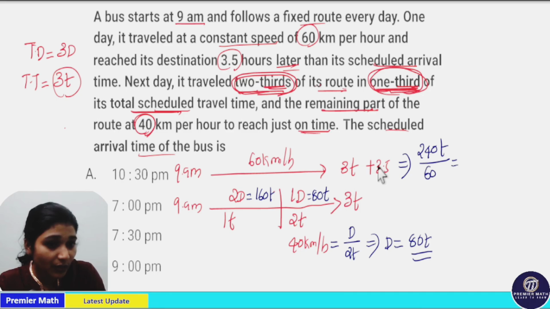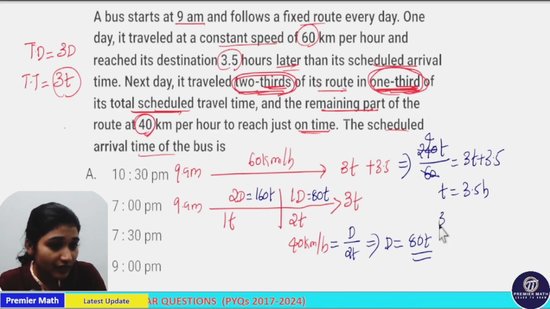Then the total time taken on the first day is 3t plus 3.5. Here 60 goes 4 times in 240, so 4t minus 3t is equal to 3.5, so t is equal to 3.5 hours. If t is 3.5 hours, 3t is 3 into 3.5, that is 10.5 hours.